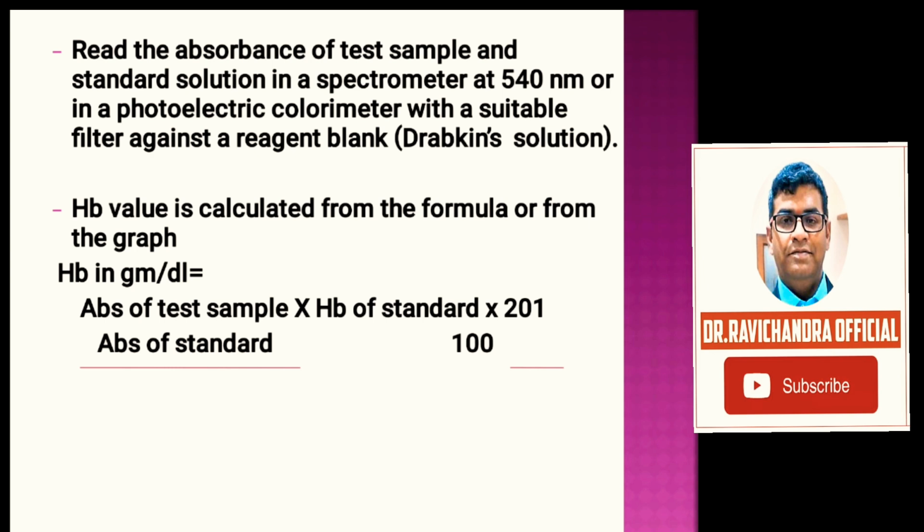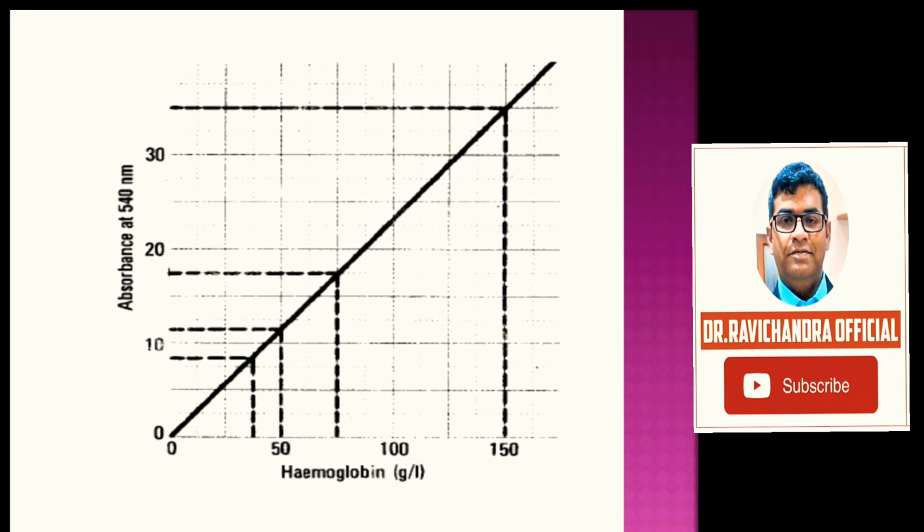Hemoglobin in grams per deciliter equals absorbance of the test sample times hemoglobin standard times 201, divided by absorbance of standard times 100. This is the graph showing the hemoglobin values against absorbance at 540 nanometers.